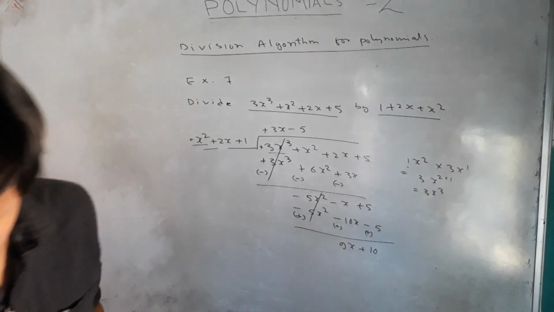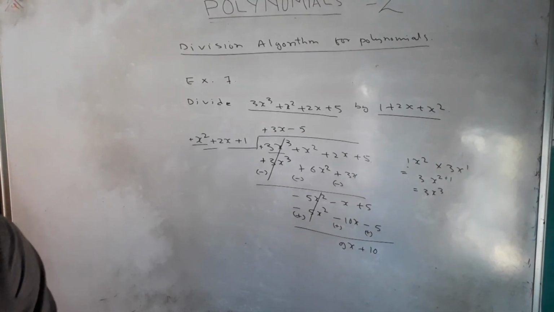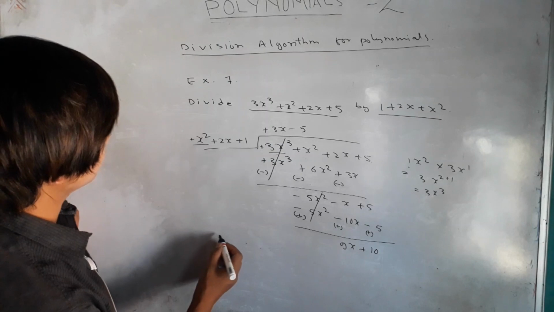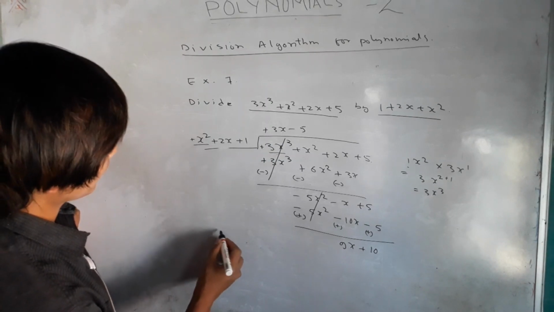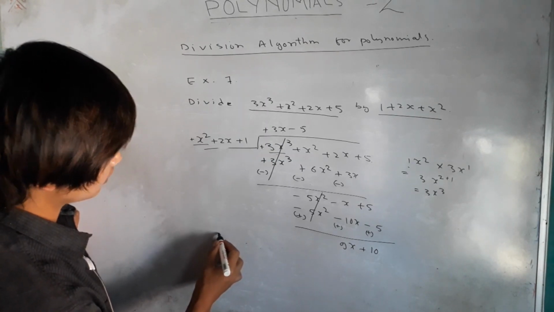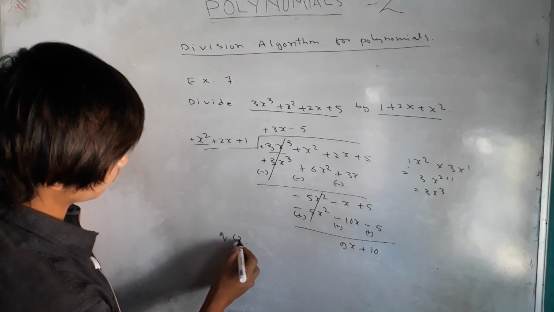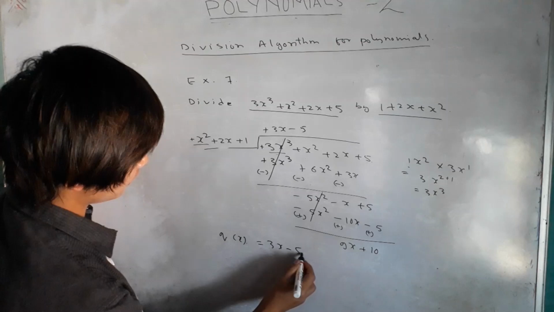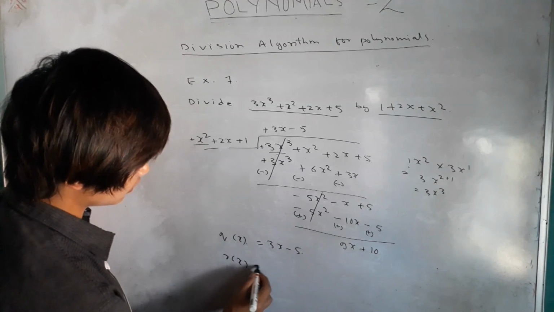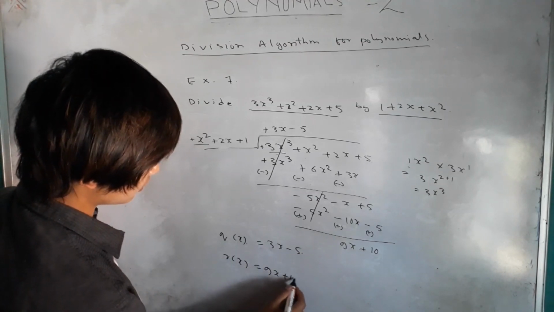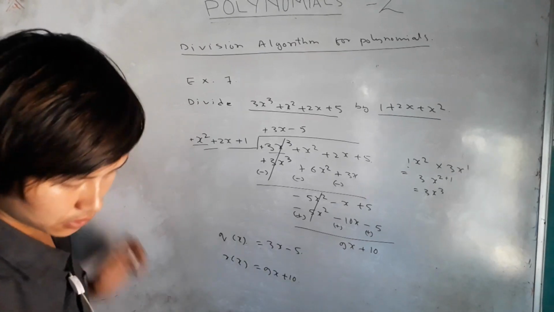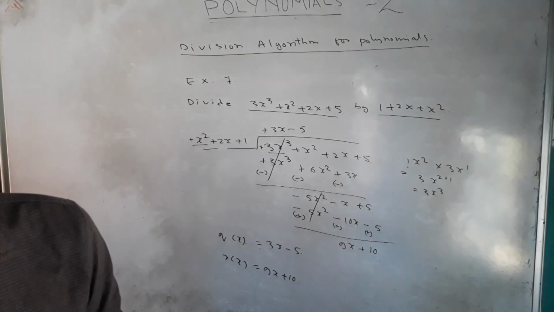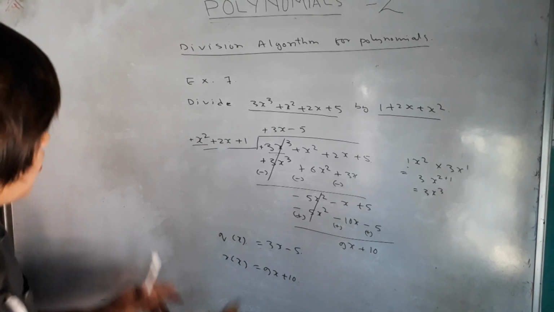So this was example 7. Here px, gx, the quotient will be 3x minus 5 and rx is 9x plus 10. So moving on, next example, example 8.